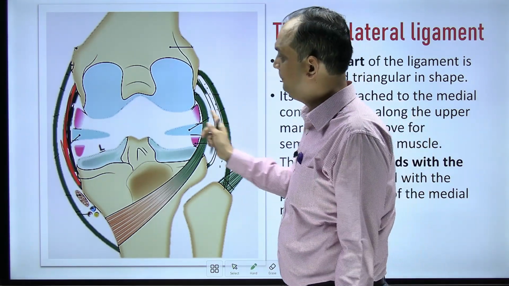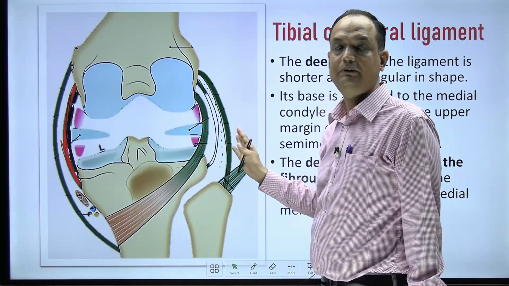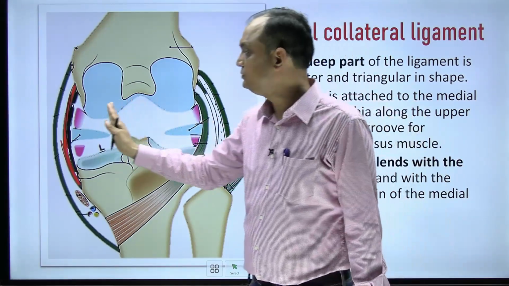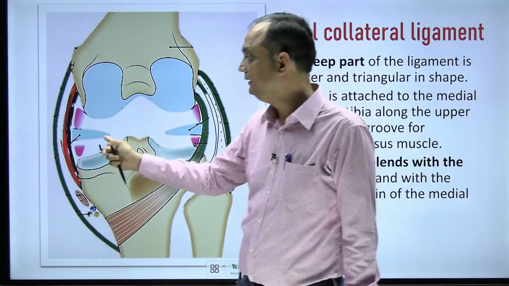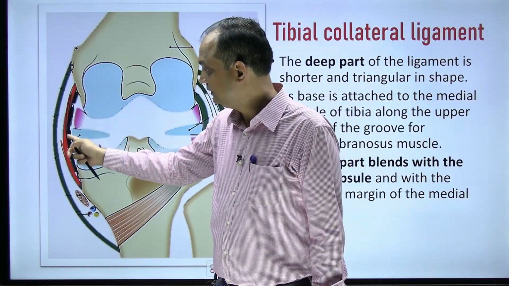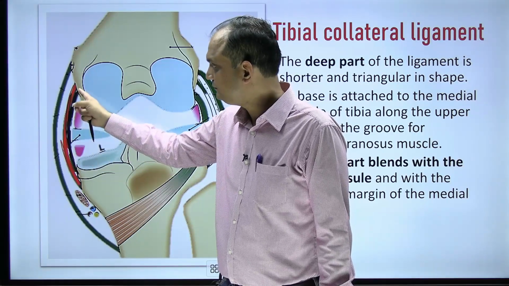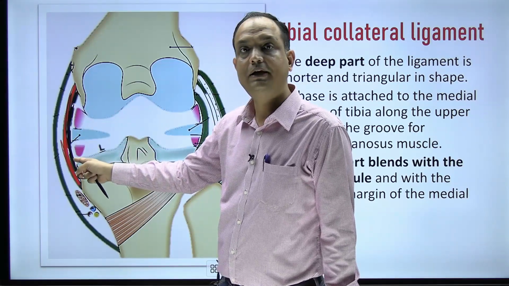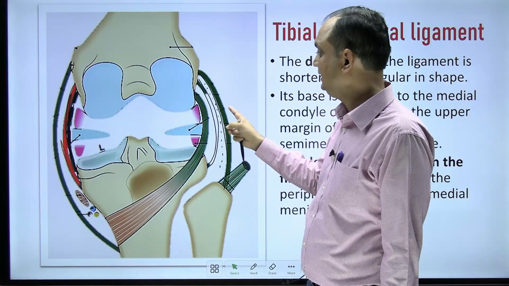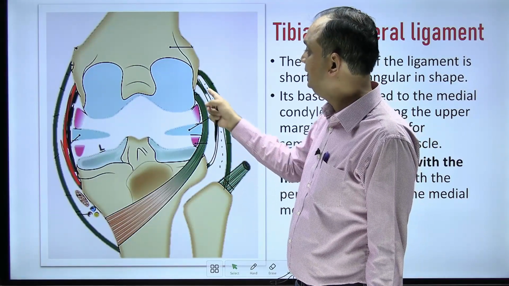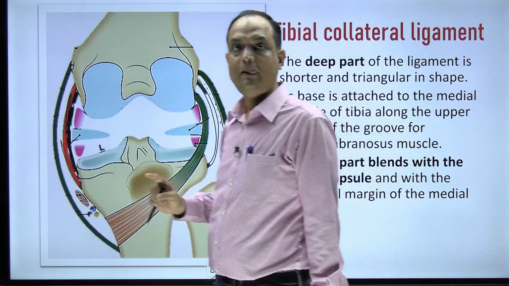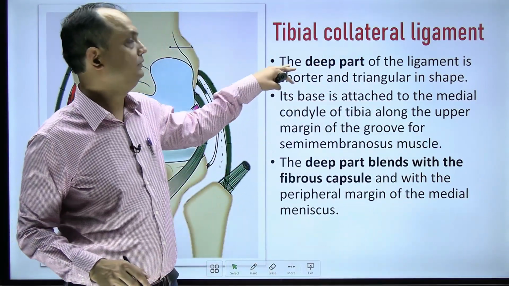This is a very important thing to understand when you are drawing these two ligaments in relation to the capsule: on the medial side, the deep part of the tibial collateral ligament is closely related with the capsule, but on the lateral side, the fibular collateral ligament is not adherent to the capsule. Clear? So this is one thing.